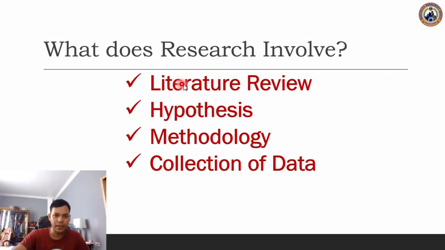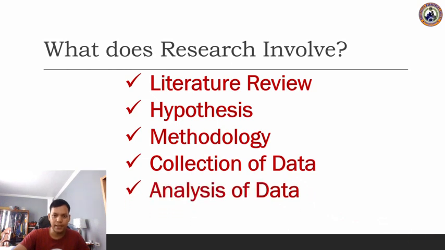And then you have the literature review, the previous studies related to your study. You need to have that one. And you have the hypothesis and the methodology, the methods that you are going to use, and you need to collect the data. After collecting the data, you need to analyze it using various statistical methods. One of the common statistical methods that we use is the frequency, the percentage, and the weighted mean.